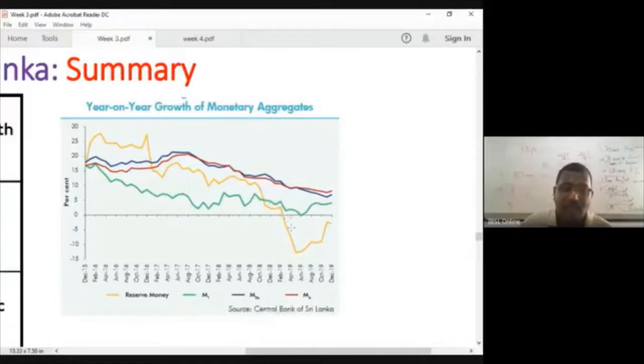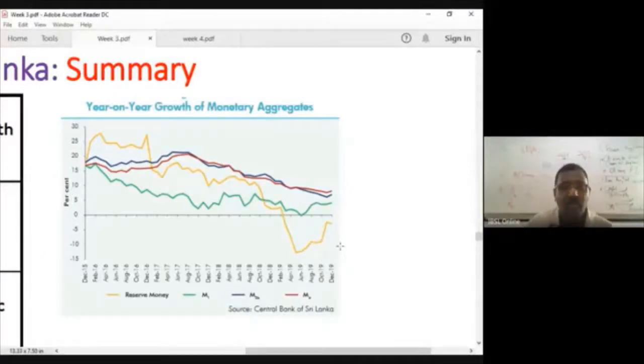And reserve money, if you look at, it has some large drops. And someone of you gave the real answer for that, the actual reason for this large drop. Why? Reduction in the reserve money ratio.